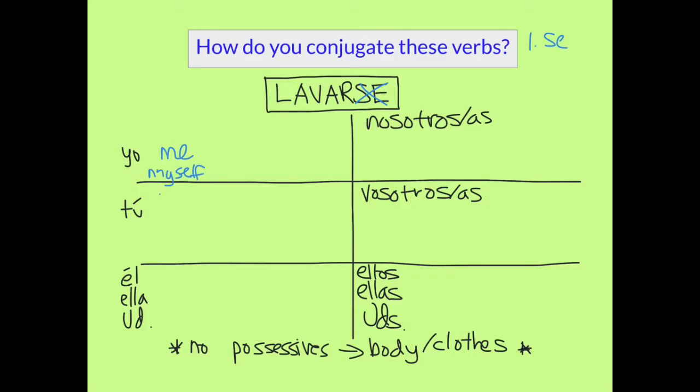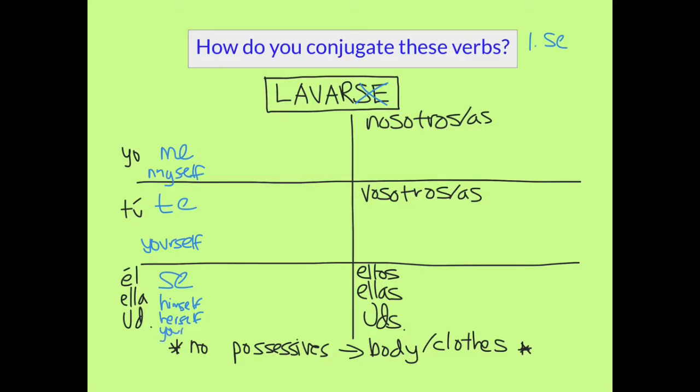For the tú form, te. That would be like saying yourself. In the él, ella, usted form, se. So that would be like saying himself or herself, or yourself, if it's usted.